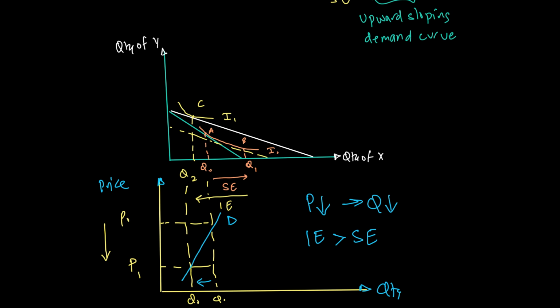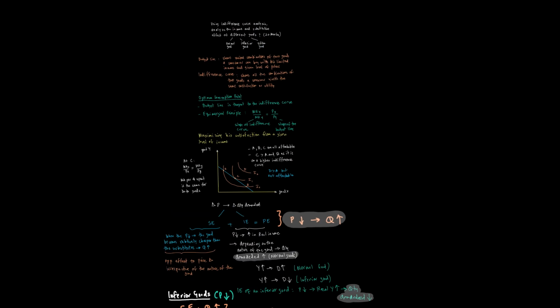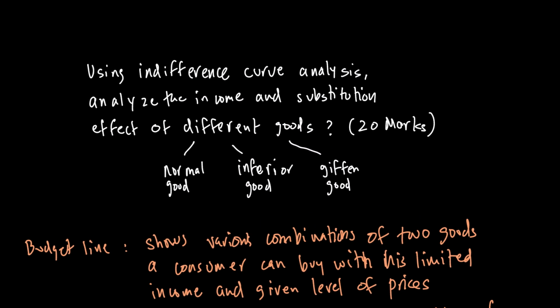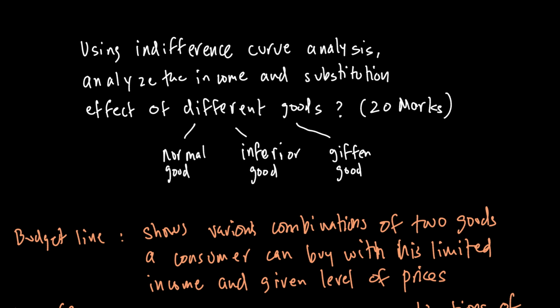Now we come to the last part, which is basically the evaluation or conclusion part. In this kind of question, the examiner is asking us to analyze using indifference curve analysis. So you need to give a big summary of what you've talked about, and you will say that for normal and inferior goods you will have a downward sloping demand curve, but for Giffen goods you have an upward sloping demand curve.